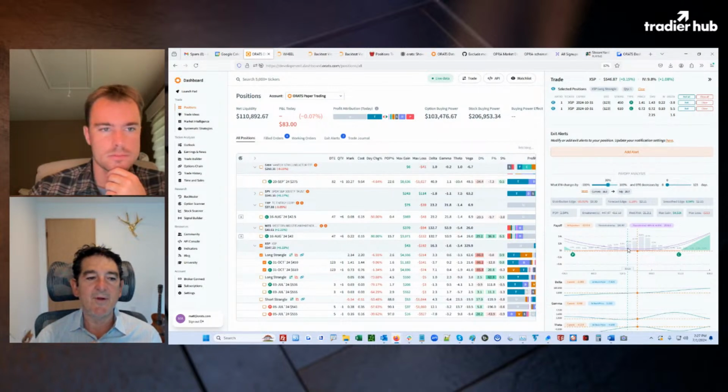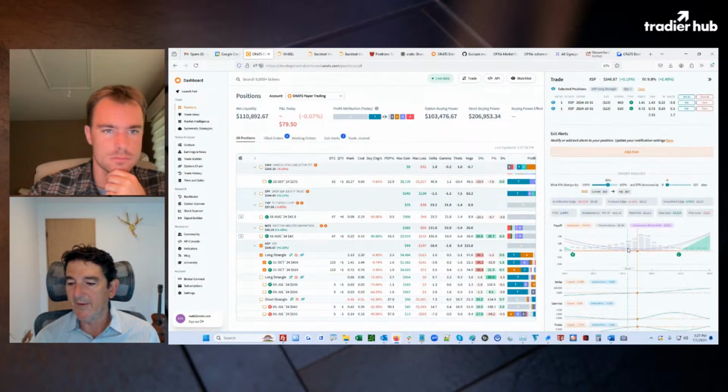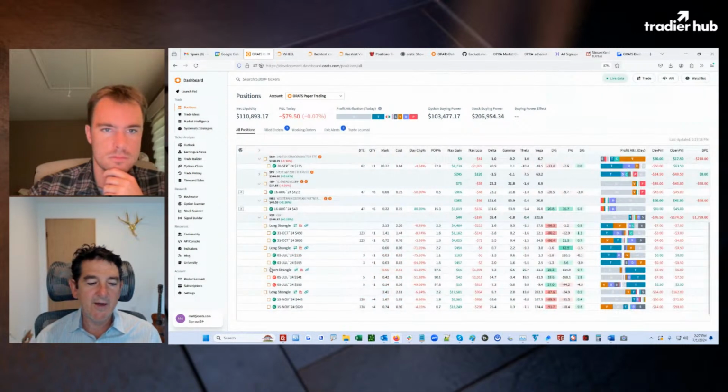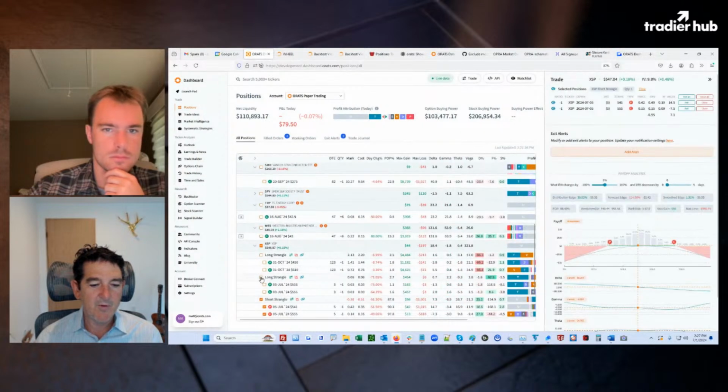So even though you have a fair amount of theta coming in, our theta on this is basically very low, $4 of theta. Let's look at the theta on the other one. The theta is how much you should make each day. The theta on this one is $24 a day.